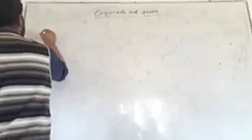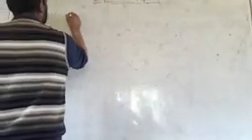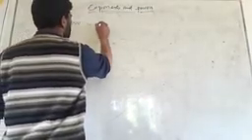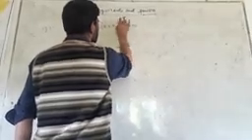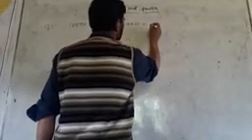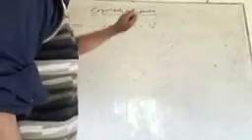For example, if I take a number 10,000, it can be written as 10 into 10 into 10 into 10. That is 4 times 10. Or we can write 10 raised to power 4, or 4th power of 10.